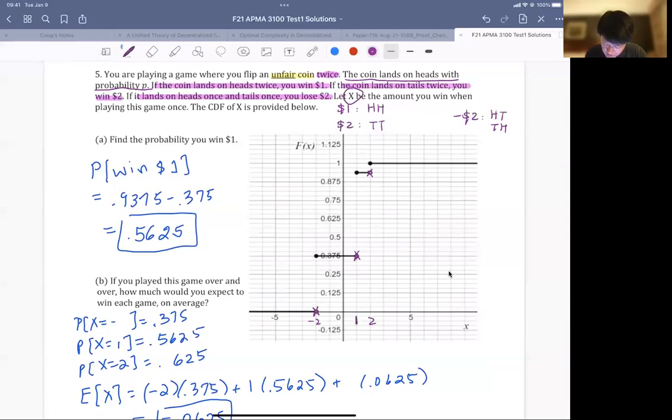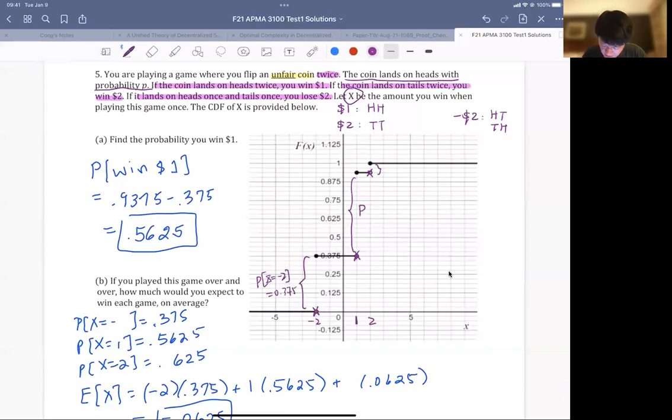Then correspondingly, we taught in the class that you should look at these step sizes, right? These numbers are the corresponding probabilities of these random events. So the probability of X equals -2 is going to be exactly this number, which is 0.375.